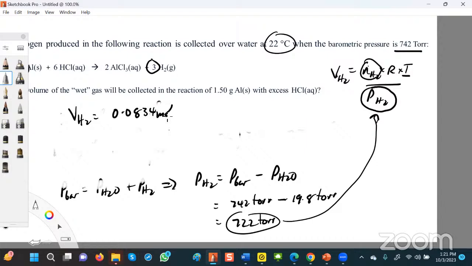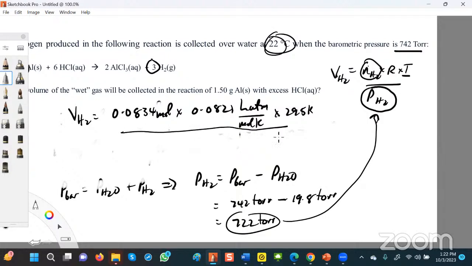Okay, so that's the moles times R, which is 0.0821 liters atmospheres over mole Kelvin, times the temperature, 22 degrees plus 273, which gives you 295 Kelvin. And then divide all of that by what we just calculated, which is 722 torr. However, we have to do some conversion here because we have torr here and atmospheres here.